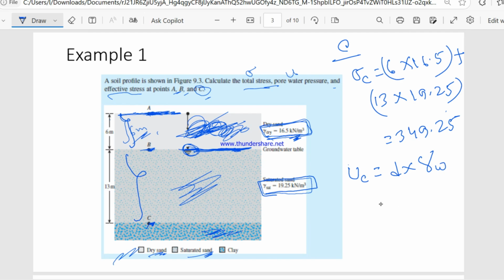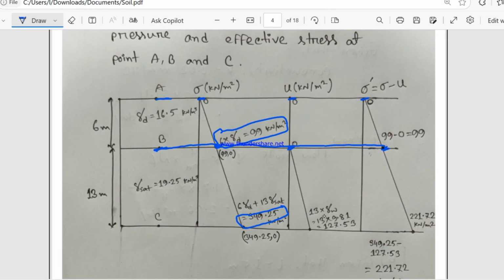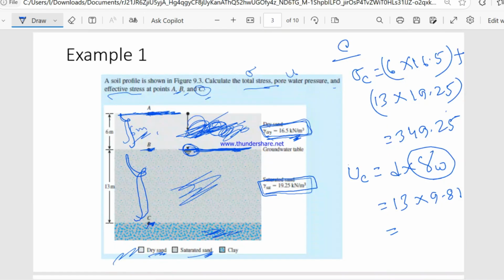The distance is 13 and we know this value is fixed: the water unit weight is 9.81. The value will be 127.53.